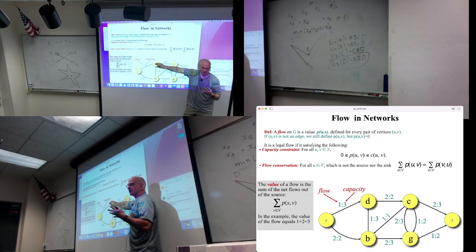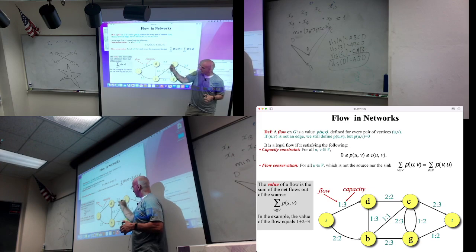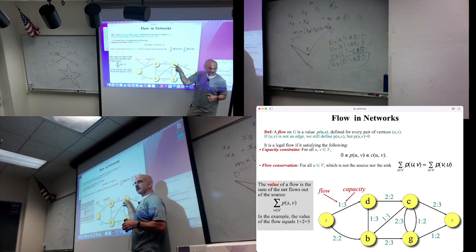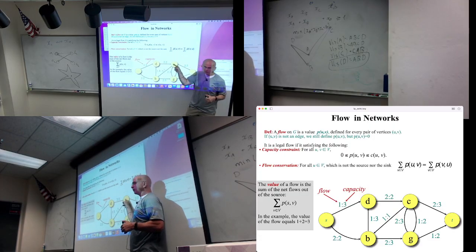What comes in must go out from every router. So it only can send data across this link in this direction. So if 1 plus 1 comes in, 2 goes out. And this pipe, by the way, is saturated.